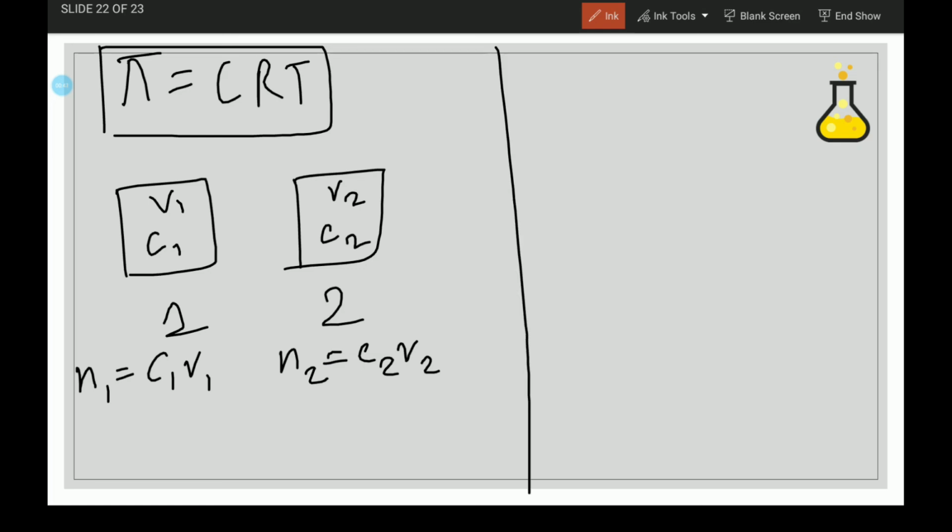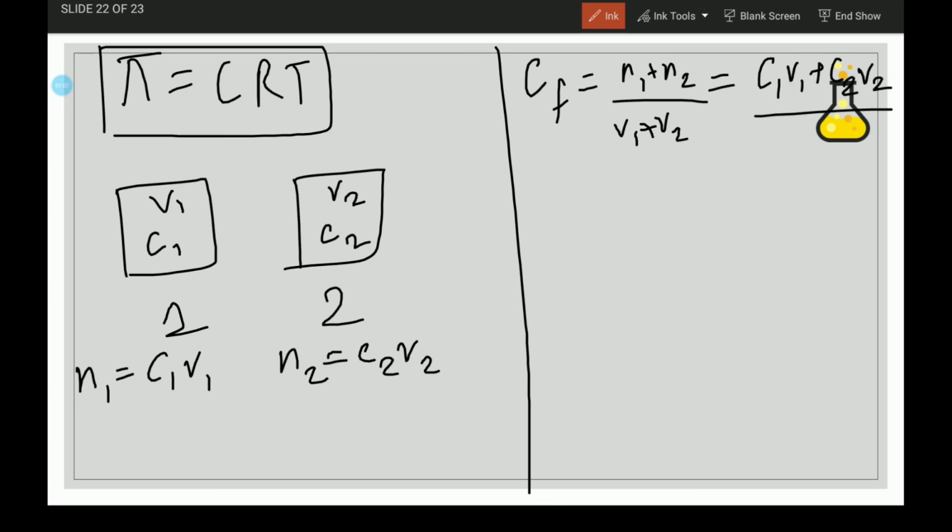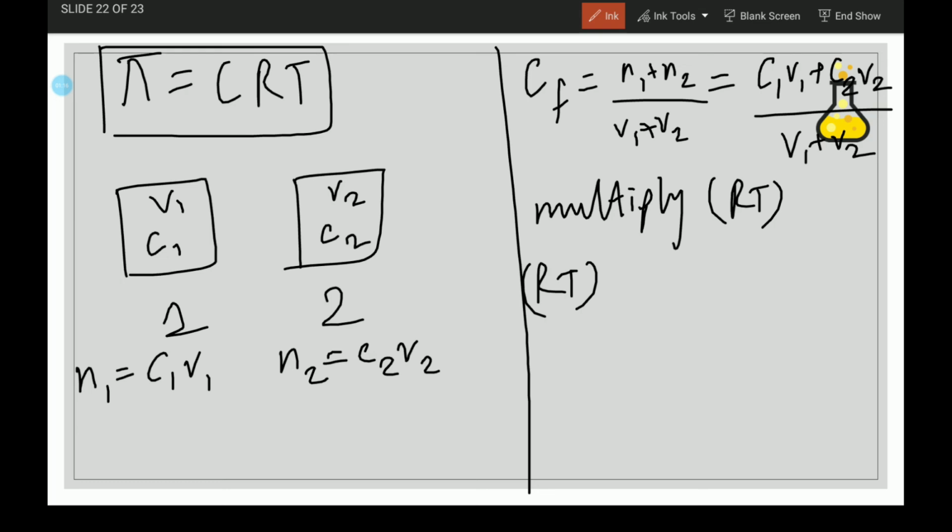The final concentration upon mixing these two becomes C final is equal to N1 plus N2 upon V1 plus V2. Basic. This also equals C1V1 plus C2V2 upon V1 plus V2. On multiplying RT to both sides, we get RT into C final is equal to C1V1 plus C2V2 upon V1 plus V2 into RT.